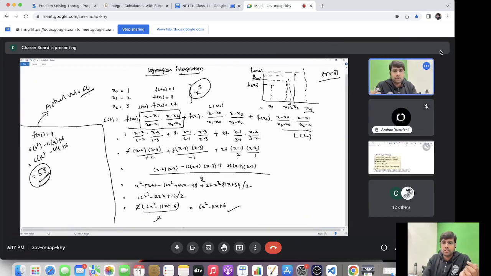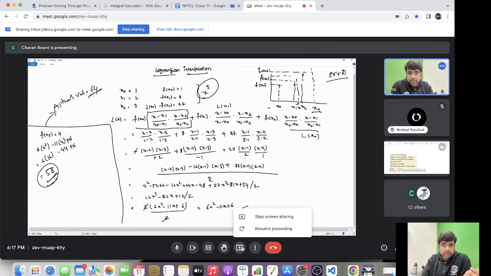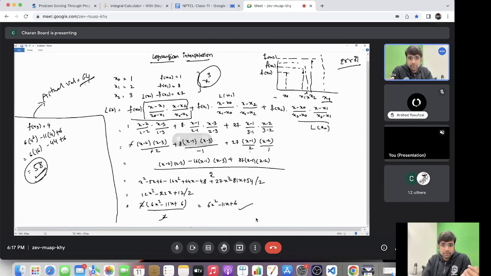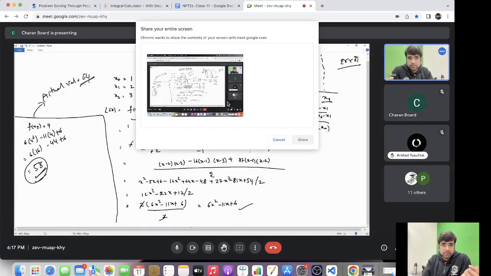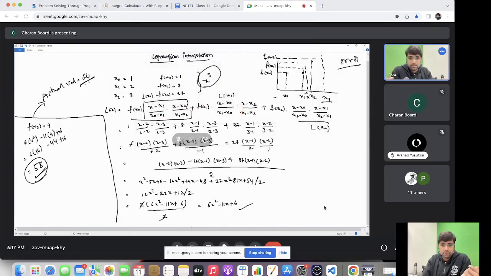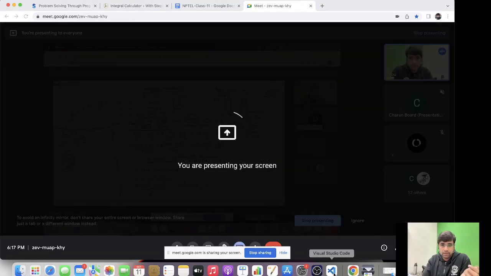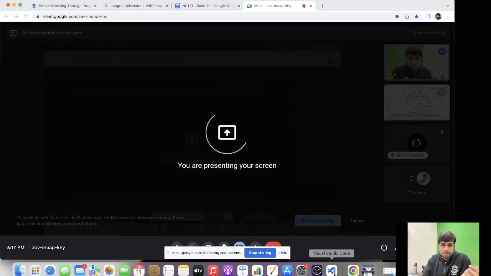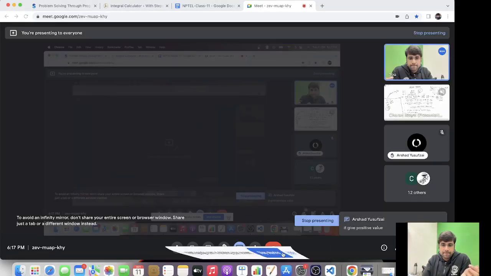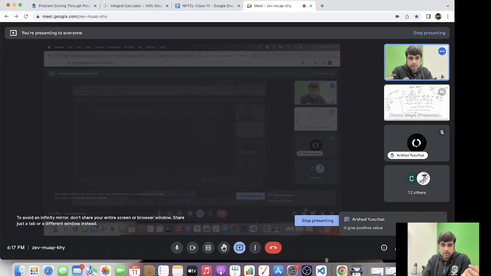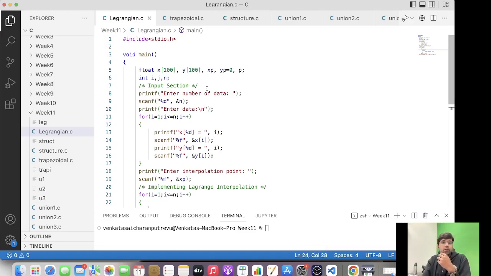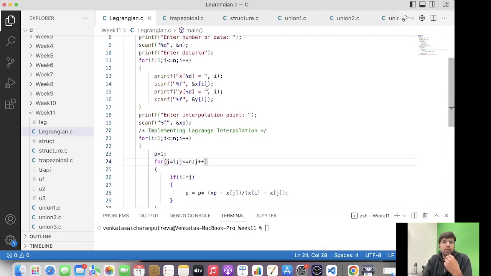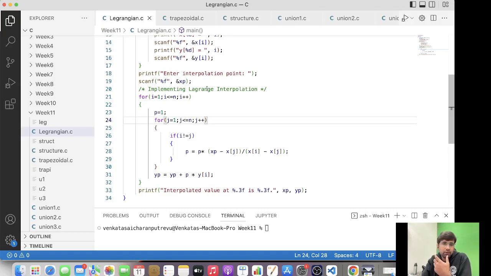Let us try to share the entire screen, and I would like to explain this example. So let us consider this program. I just wrote the same logic here that I have written.